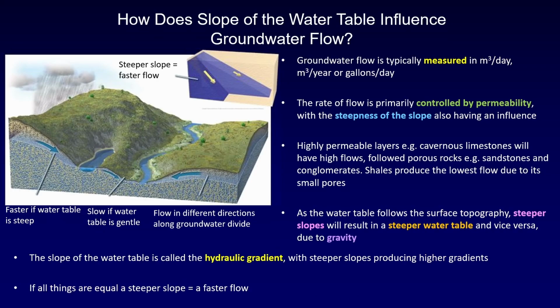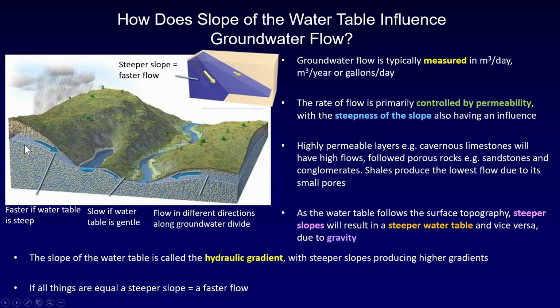Okay, so the next thing we need to think about is the slope of the water table. To put it most simply, the steeper the slope, the faster the flow. This isn't particularly surprising. If you think of a river going down a steep slope, it will flow faster than a river going across a gentle slope. So once again, this is the same diagram we were just looking at.